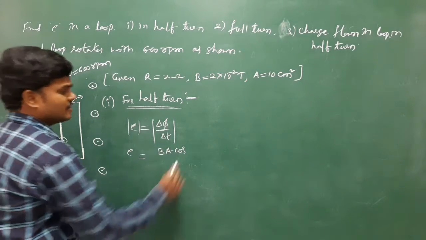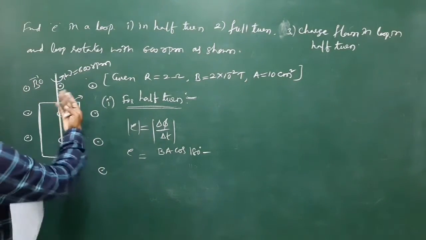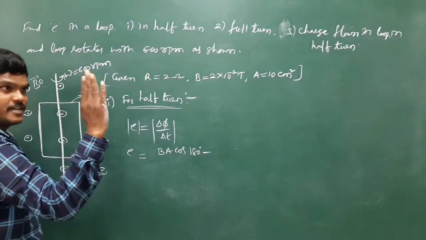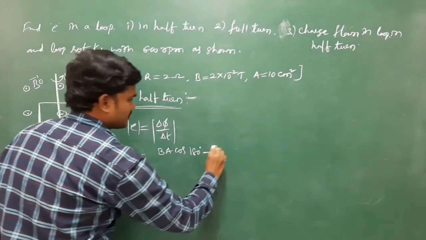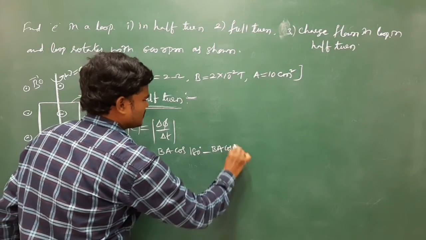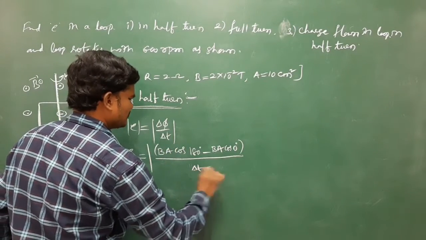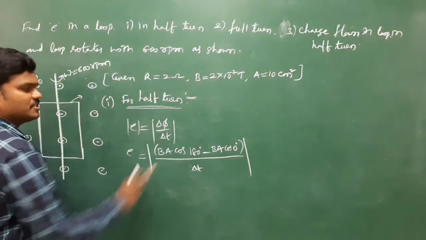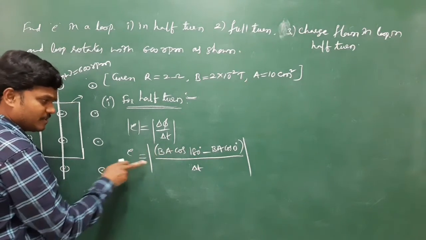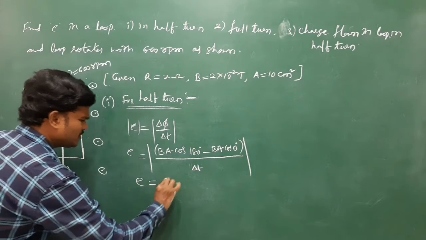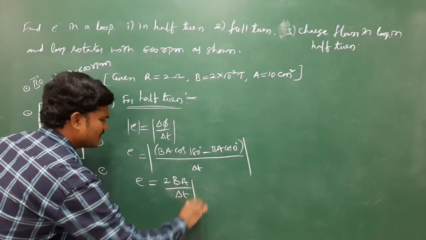How much is the final flux? Cos 180, because the loop has to rotate like this, first in this way, next in this direction. Next, BA cos 0. Taking the magnitude, divided by delta t, this is minus 1, so total is 2. EMF is equal to 2BA by the time interval.